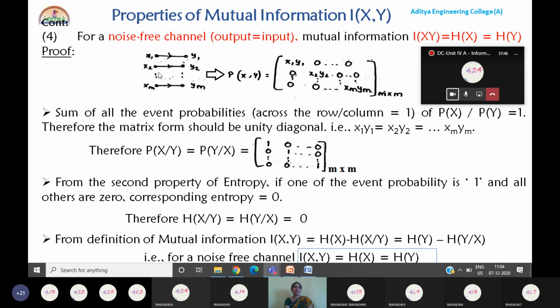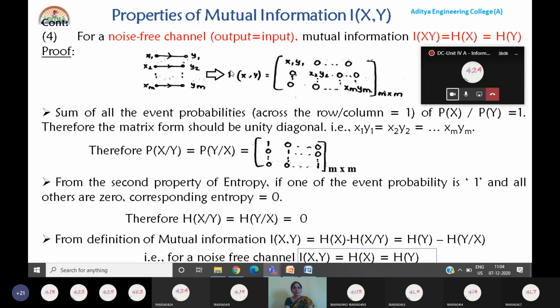Because there is no distortion, interference or amplitude variation, due to the event x1 the output should be y1 only, because of x2 the output should be y2, and because of xm the output should be ym.